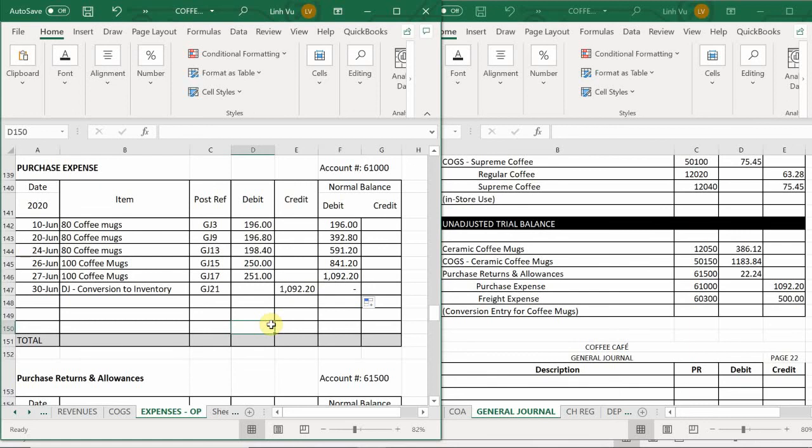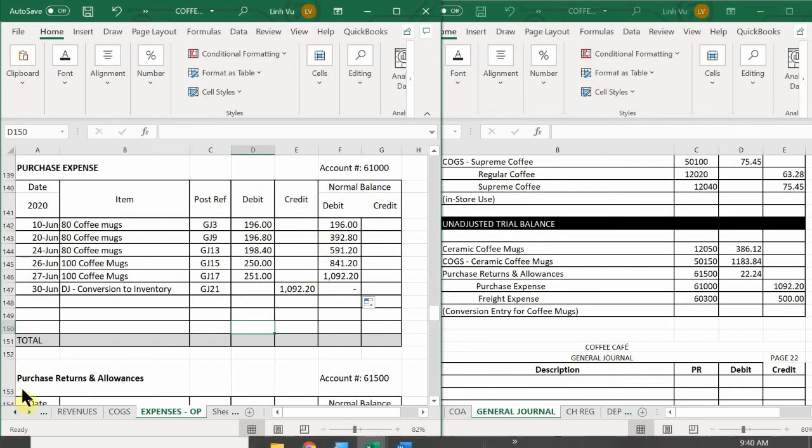You're zeroing them out and you're converting them out into inventory and cost of goods sold. So that's exactly what we're doing. We're zeroing out our accounts to reflect that we are converting or transferring our amounts, and we're dividing it amongst our purchase returns, our inventory, as well as our cost of goods sold, because we end up returning stuff, we end up selling stuff, and then this is what we have left.